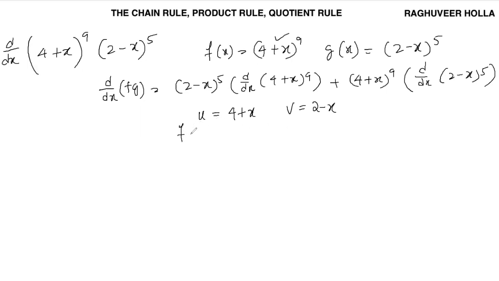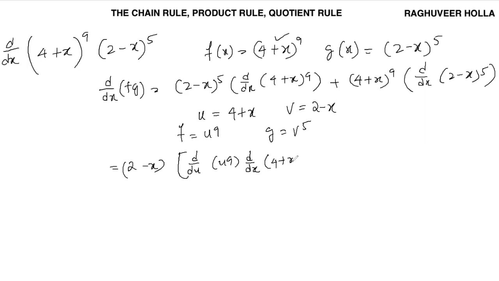So f will be u to the power of 9 and g will be v to the power of 5. So this is 2 minus x to the power of 5 into d by du of u to the power of 9 into d by dx of 4 plus x.